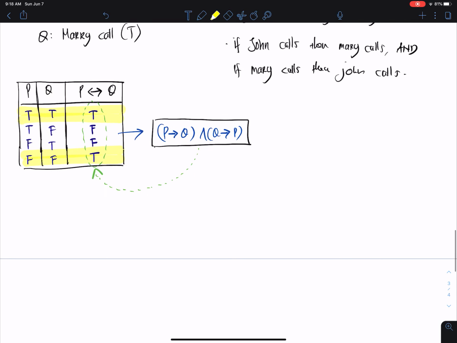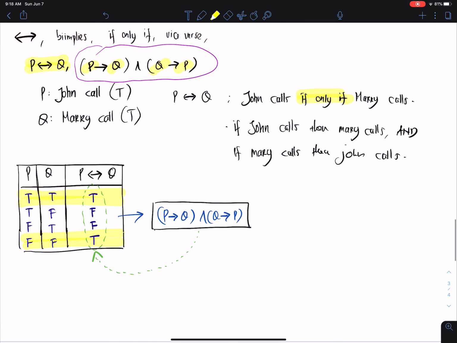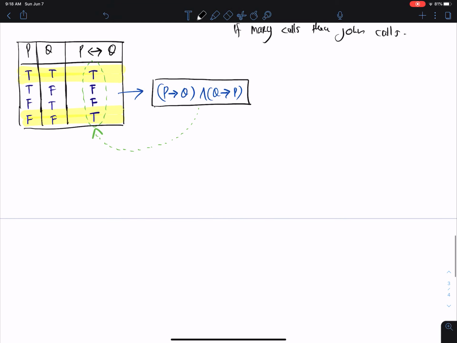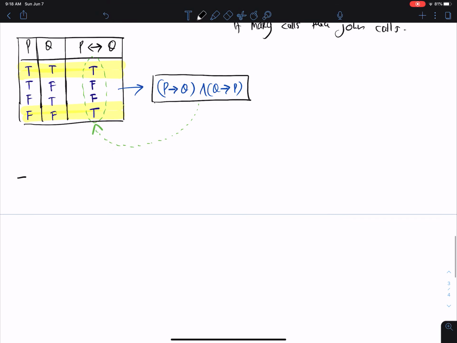Now XOR, that will be using these operator symbols.